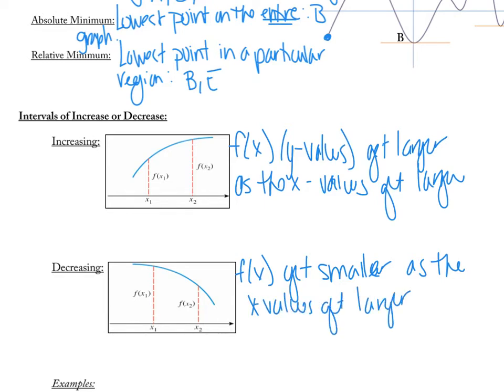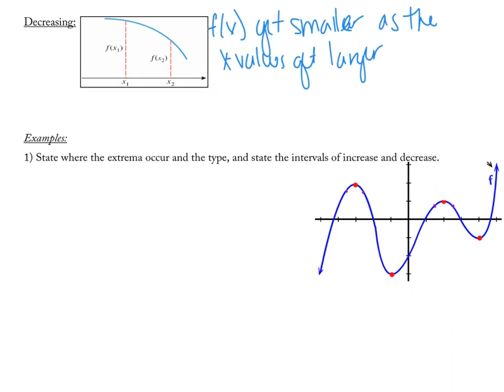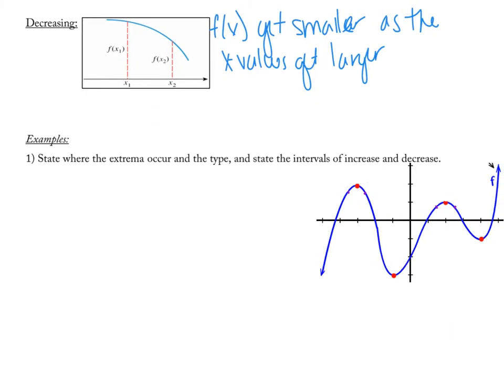So notice that we always read our graph left to right. So the x values will always be getting larger. If the y values are also getting larger, then your graph is increasing. If the y values are getting smaller, then your graph is decreasing. Okay, so we are going to go ahead and take a look at the extrema, okay?